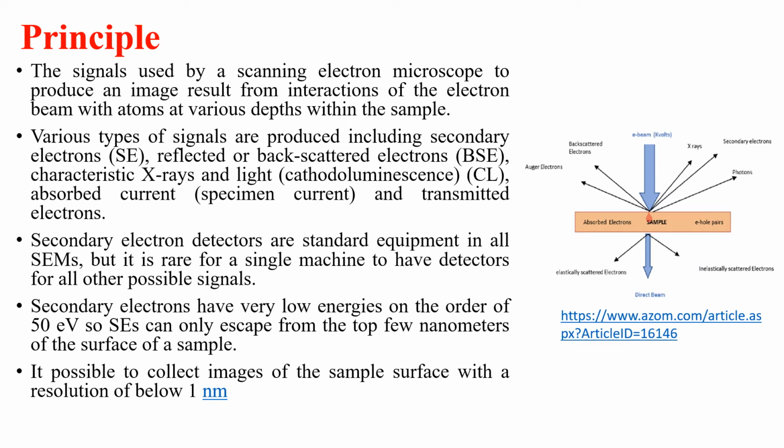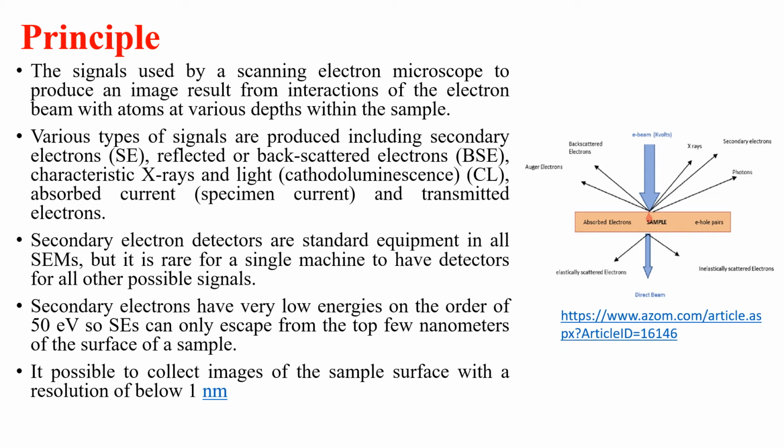Out of these, only secondary electrons are detected by the detectors, and these detectors are used for making images of the sample surface. As the secondary electrons have very low energies, on the order of 50 electron volts, they only escape from the top few nanometers of the surface of a sample.